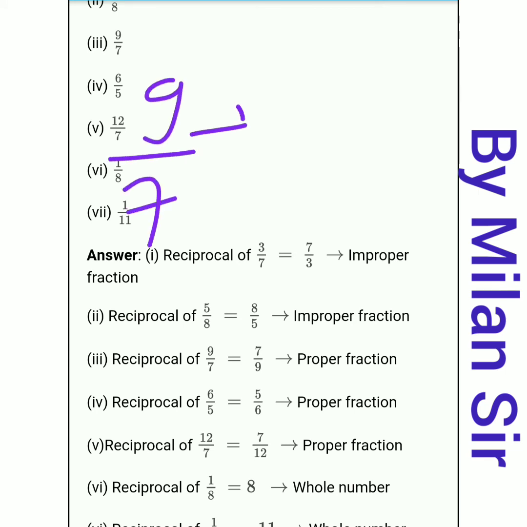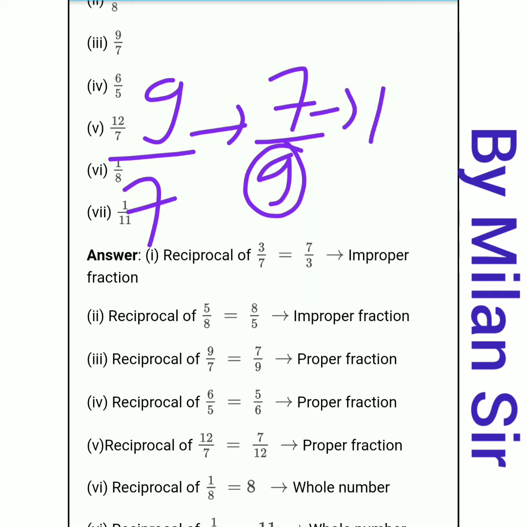Now reciprocal of 9 by 7 is 7 by 9, right? We need to change the numerator and denominator. Now in 7 by 9, 9 is greater than 7. That means the denominator is greater than the numerator, so it is a proper fraction.